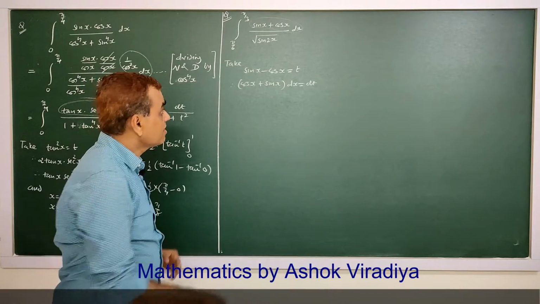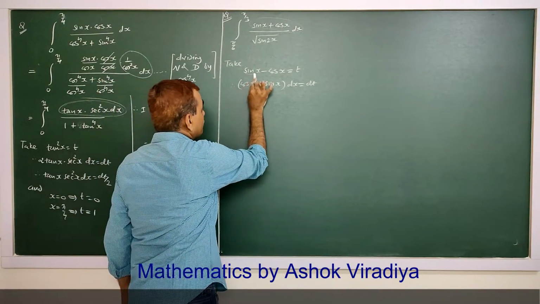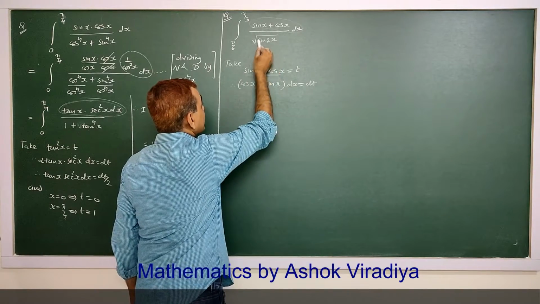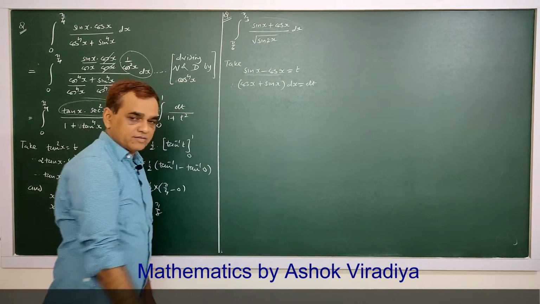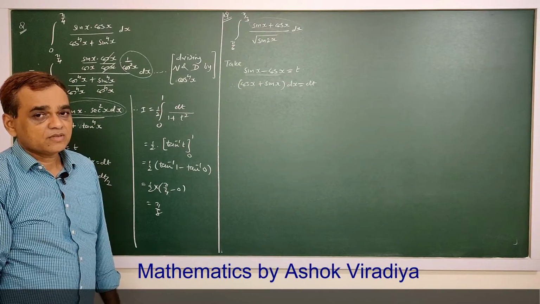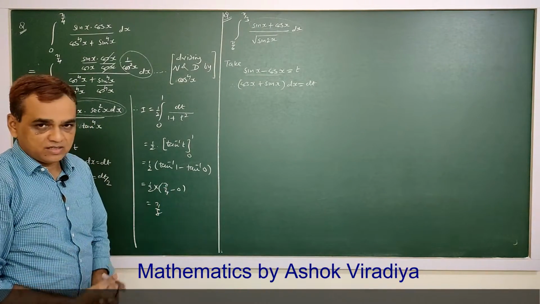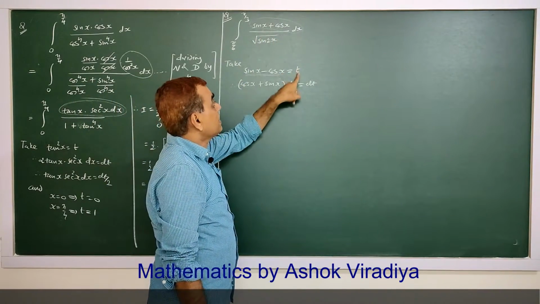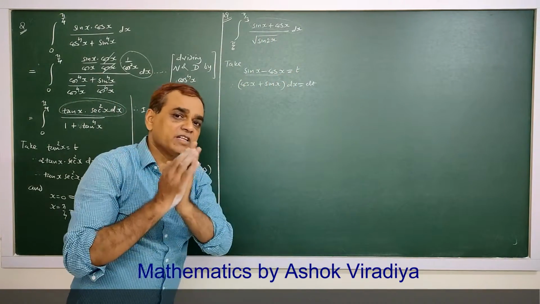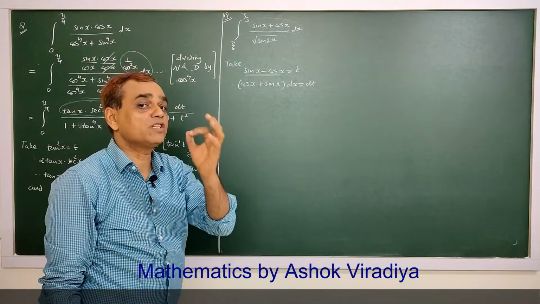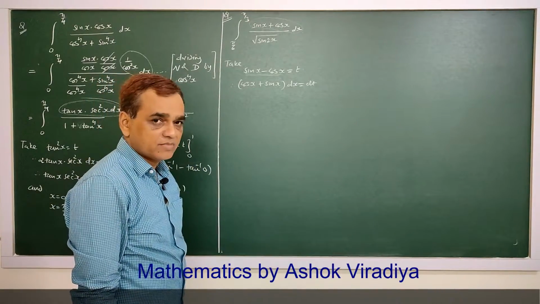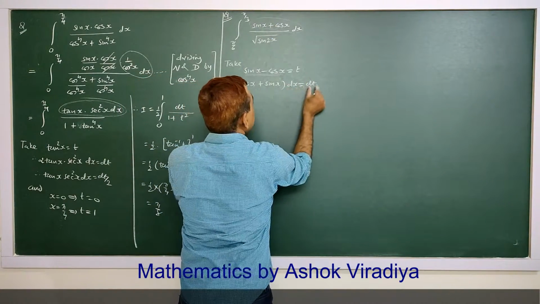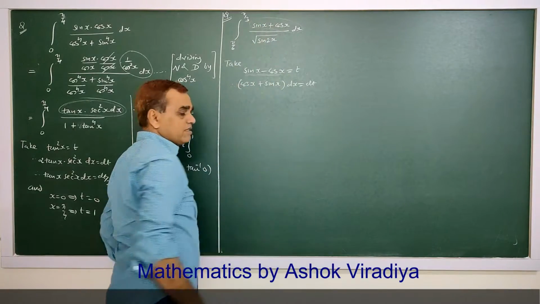But here sin x minus cos x is not visible in the denominator or numerator, so we will make it visible. Whenever we take a substitution, everything should be converted in terms of the new variable t. The numerator is dt, so we keep dt here.